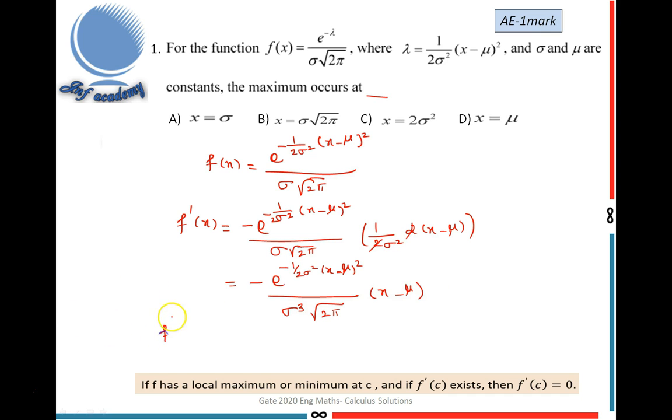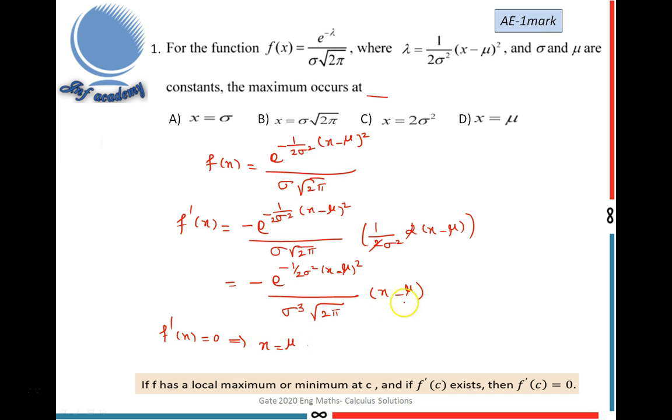Now I equate f dash of x equal to 0 and find the value of x. At that point f has a maximum or minimum value. So f dash of x equals 0 only when x equals mu.